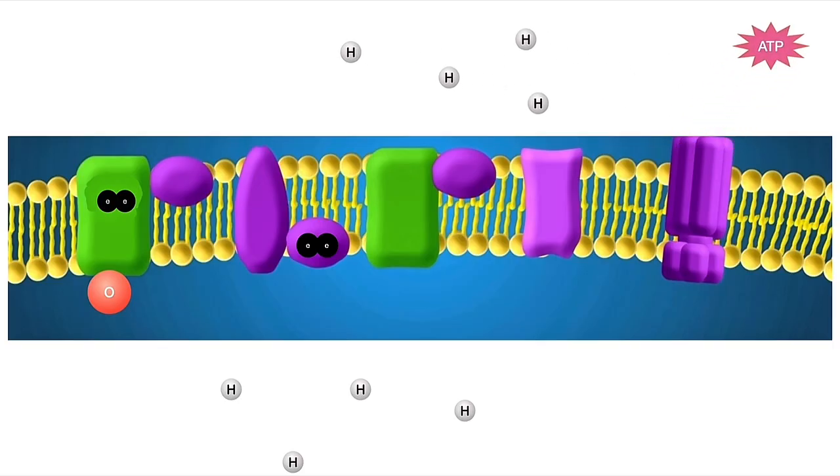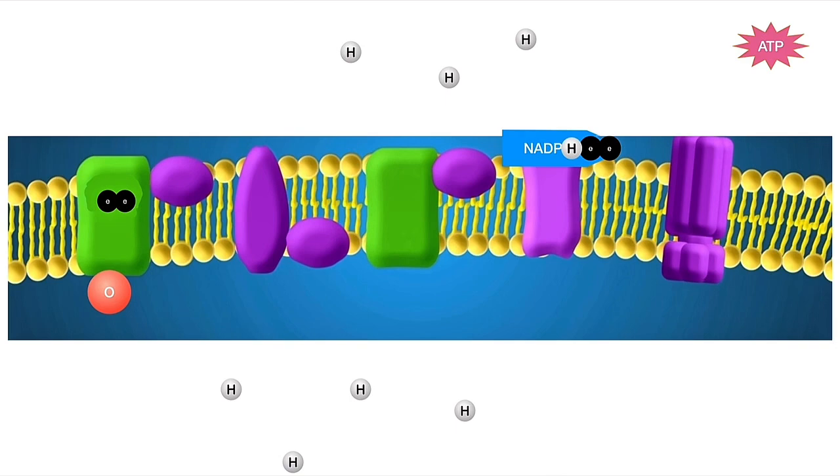Now let's focus back on the photosystems. When electrons reach the end of the first electron transport chain, they go to photosystem 1, where light excites them once again. They move down a second ETC, where they are accepted by a molecule called NADP plus reductase. When it accepts the electrons, it also accepts hydrogen and becomes NADPH.